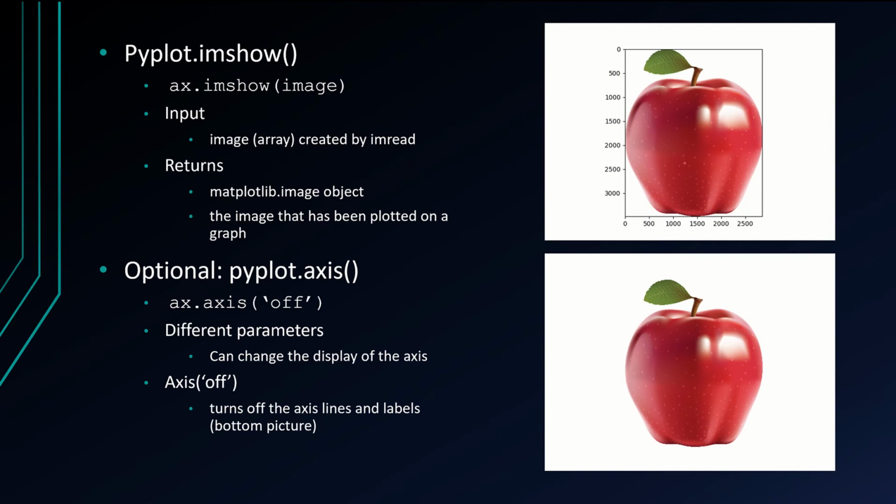The original picture was just of the apple, and it will add these axes along with it. Then something optional that we've decided to add is pyplot.axis with the parameter off. There are different parameters for this that can change the display of the axis, and by us indicating off, it means that the axis lines will be turned off for this picture that we can see at the bottom.